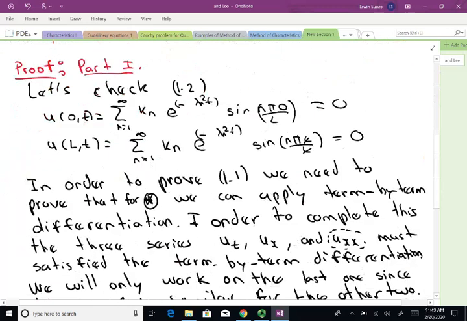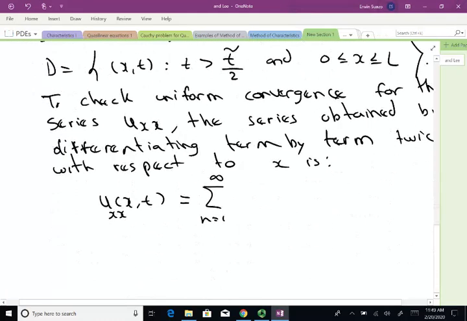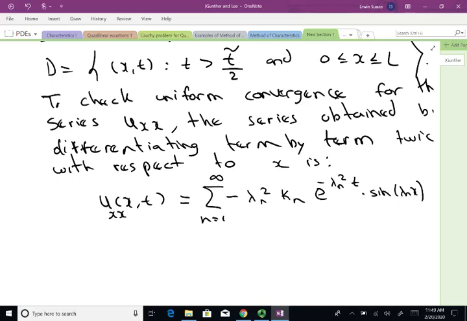So we will get the sum of minus lambda n squared k_n e to the minus lambda n squared t times sine lambda n x. Okay, so that's the series I want to check is uniformly convergent.